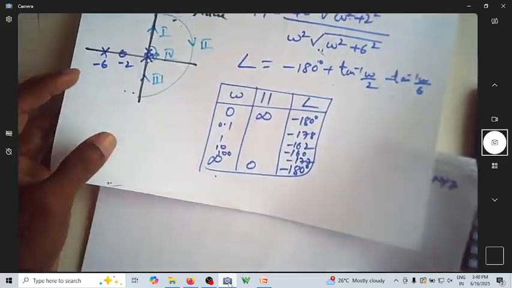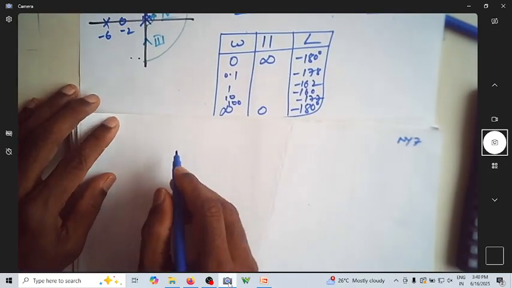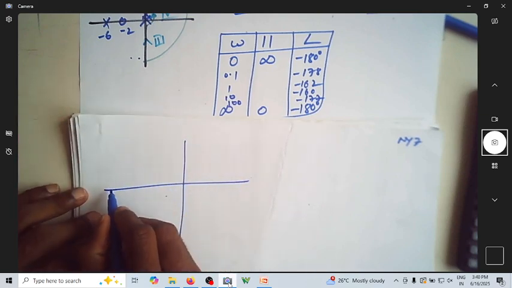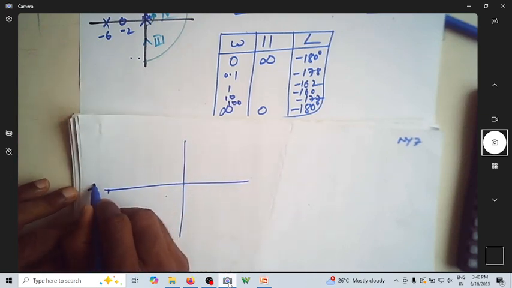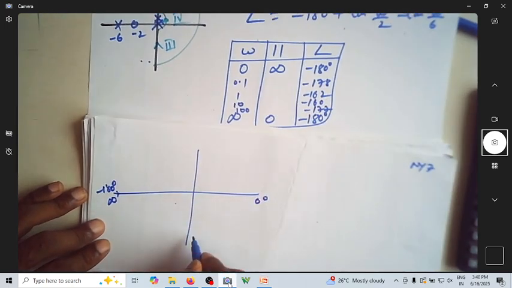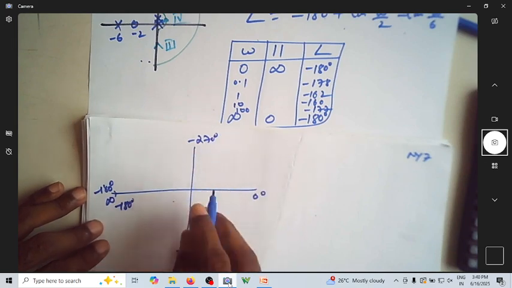That is segment 1. Now if I try to plot the corresponding, this is minus 180 degree with a magnitude of infinity. Can you see, it is 0 degree, minus 90 degree, this is minus 180 degree, this is minus 270 degree.